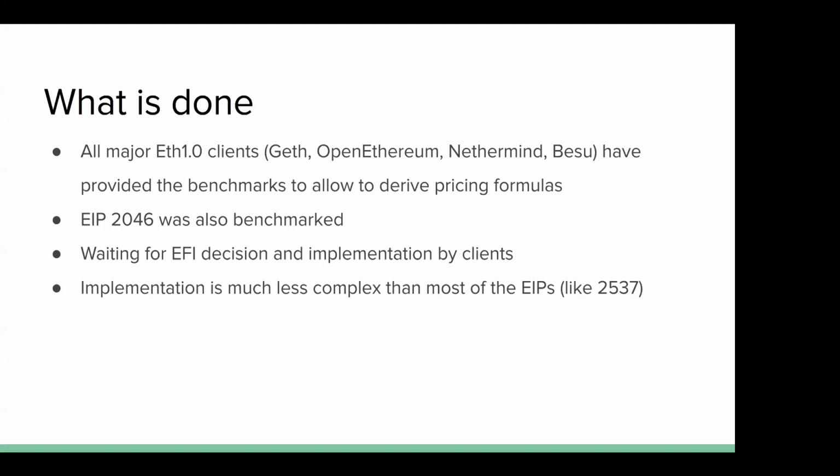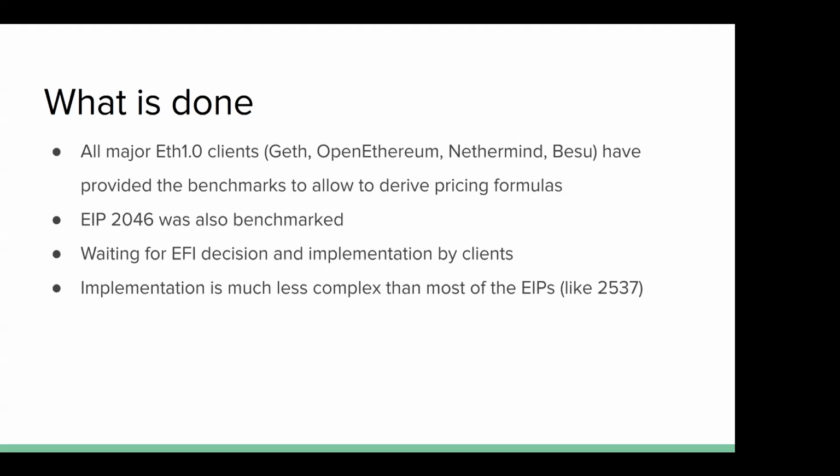But in general, the structure of this EIP is much less complex than another EIP which we have discussed, which is 2537. Here one doesn't take any complex cryptography or functions which can be implemented different ways.